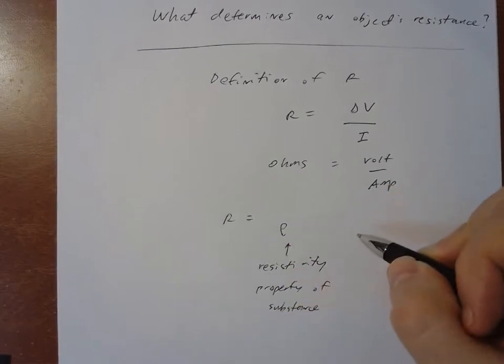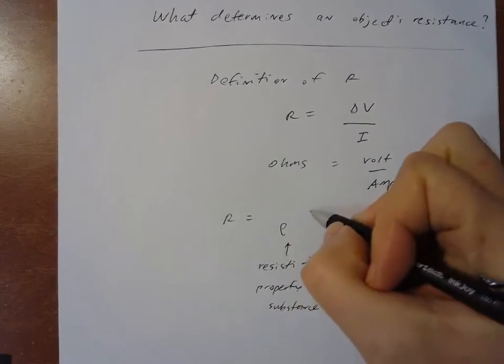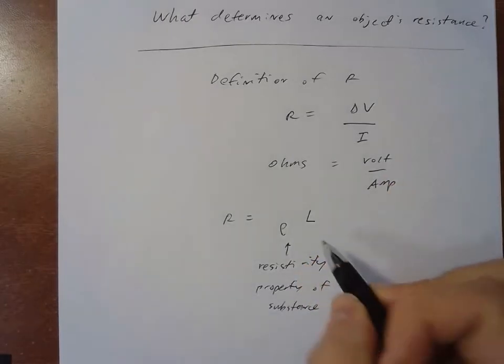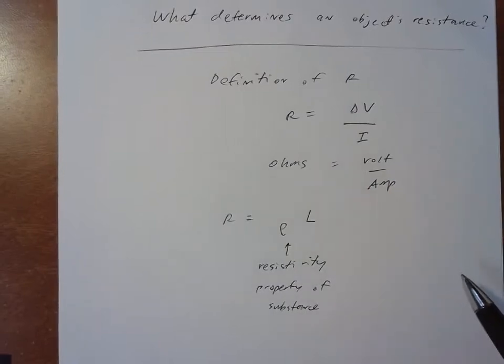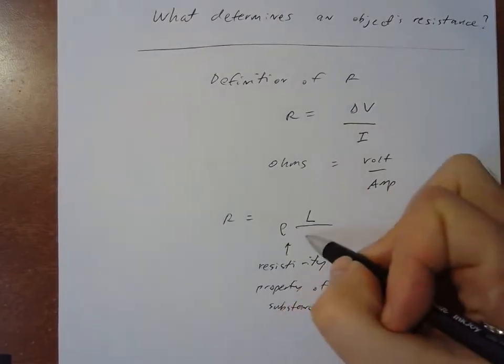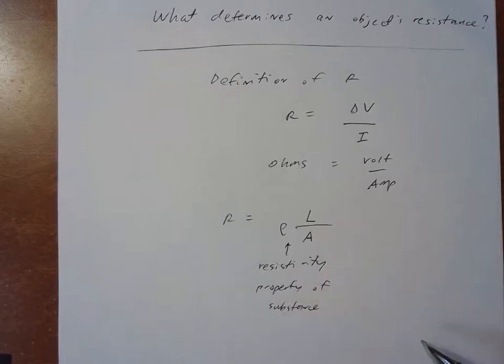Then the resistance depends on two other factors: how long the object is, in other words, the distance between the two places where you apply the voltage difference. And then it also depends on the cross-sectional area, A.